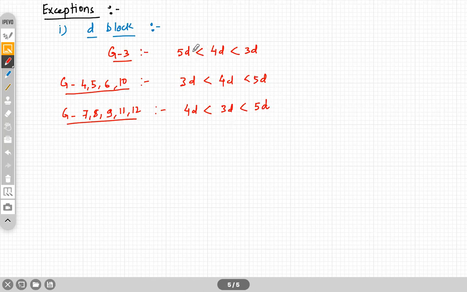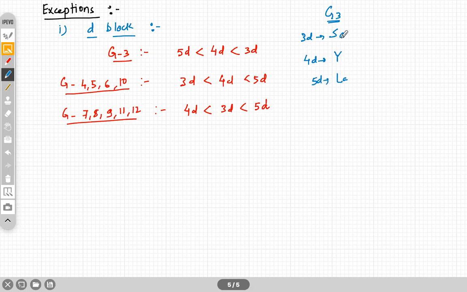3d, 4d, 5d are the elements belonging to this group. Like for group 3, the elements are scandium, after that yttrium, and then lanthanum. So this is a 3d element, this is a 4d element, and this is a 5d element.